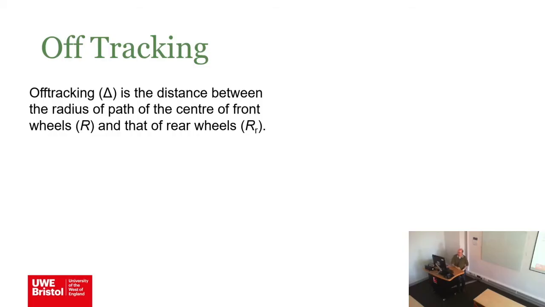So off-tracking, which we call delta, that's the delta symbol, that triangle, is the distance between the radius of the path of the centre of the front wheels, which we'll call R, and that of the rear wheels, which we'll call little r, for rear.